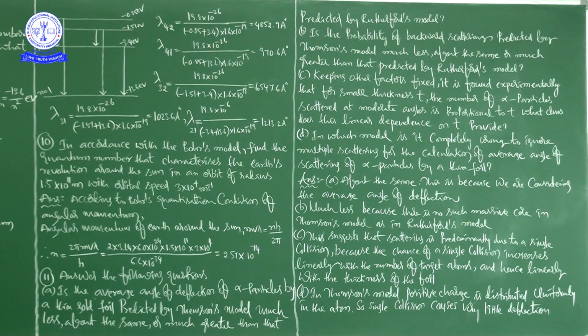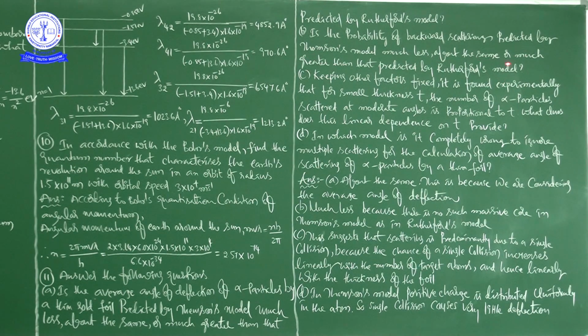In case of B: is the probability of backward scattering predicted by Thomson's model much less, about the same, or much greater than that predicted by Rutherford's model?